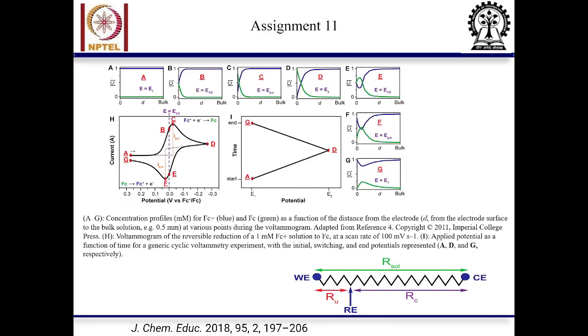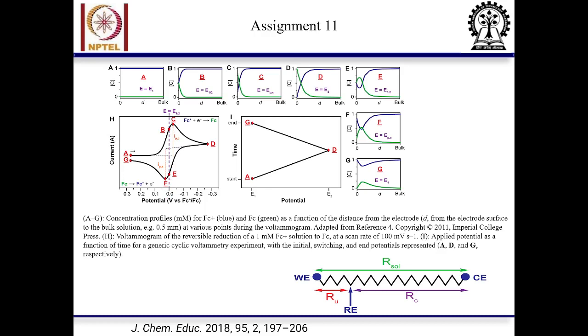Now this CV, basically the question is why there are two peaks, what is the peak to peak separation, what is that EPC plus EPA by 2, what are all those things.